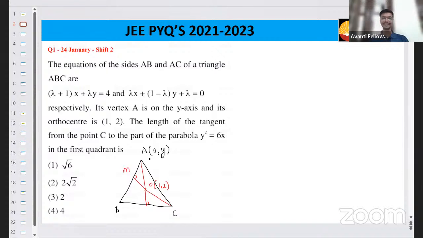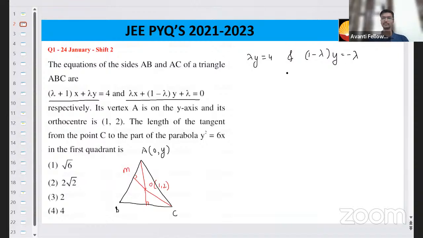A must satisfy both these equations, right? Because these are the equations of lines AB and AC. So let us substitute the value of A, that is 0, comma y, in this equation. We'll get lambda y is equal to 4, and 1 minus lambda into y is equal to minus lambda again.